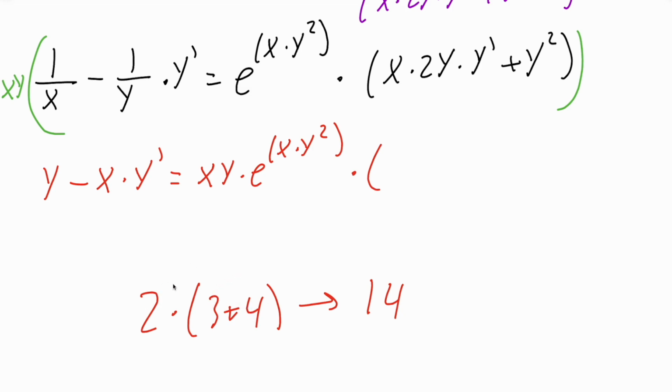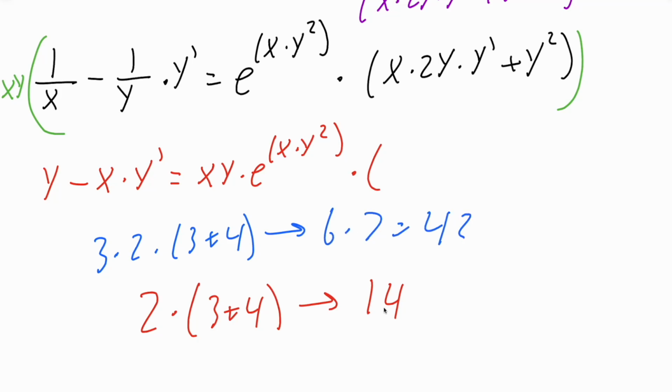I'm only going to multiply this one piece by 3. So I'll say 3 times 2 times 3 plus 4, and I expect this number to be 3 times bigger than 14. Let's try it. 3 times 2 is 6, 6 times 7 we get 42, which is 3 times bigger than 14. So you wouldn't multiply this piece, this piece, this piece by 3, just one piece in the front because we're dealing with multiplication. So back to the problem.